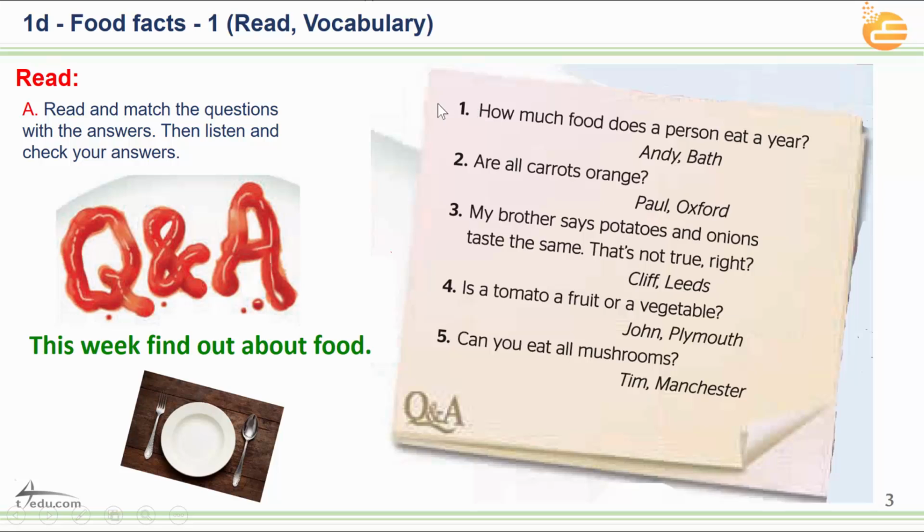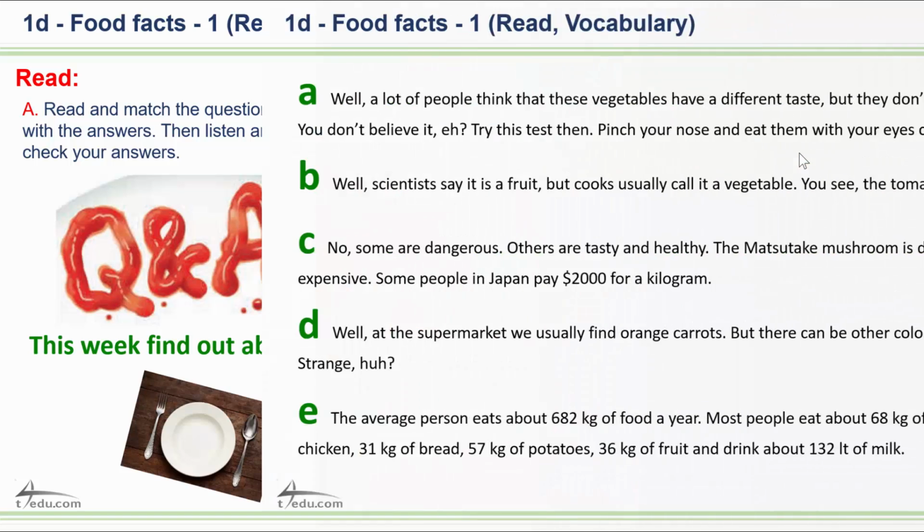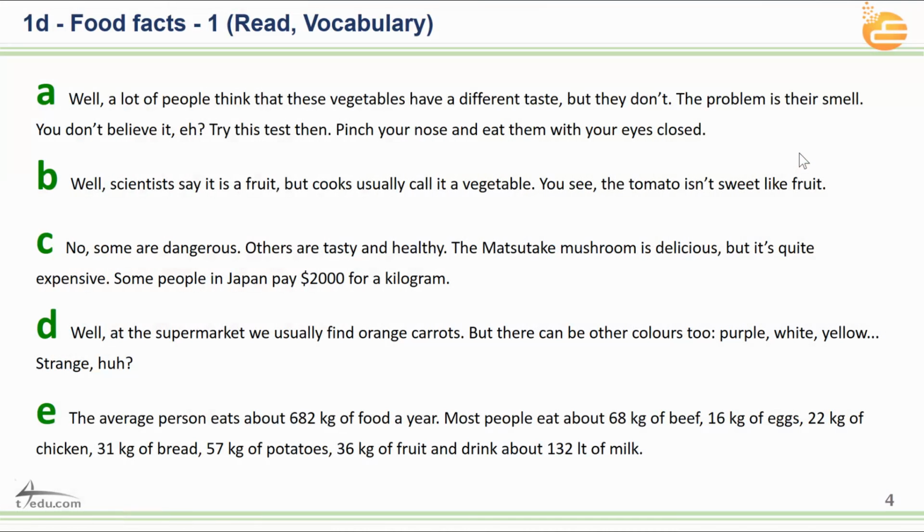Okay, so what do you think about question number 1? What is the answer for this question? How much food does a person eat a year? Take a look. What do you think? Which one? E. Excellent. The average person eats about 682 kilograms of food a year.